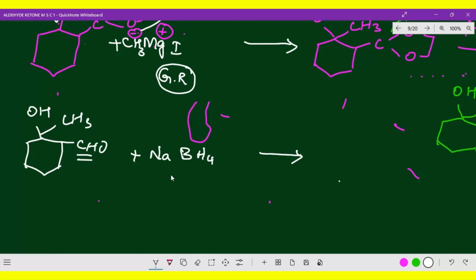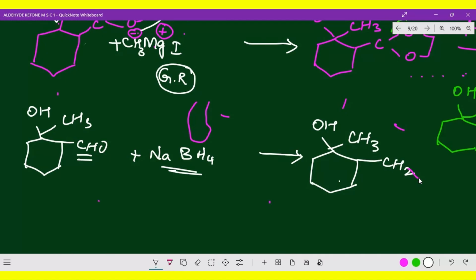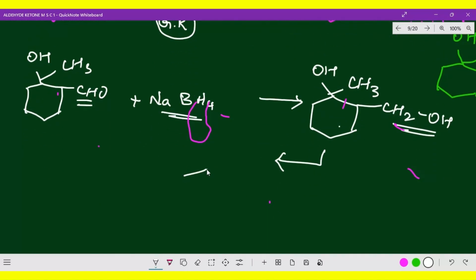So this is aldehyde, which is converted to alcohol due to sodium borohydride. So the answer is here OH, here CH3, here CH2OH. CH2OH, we just draw it this way. How do we draw? Like here OH, CH3, like this we can draw.